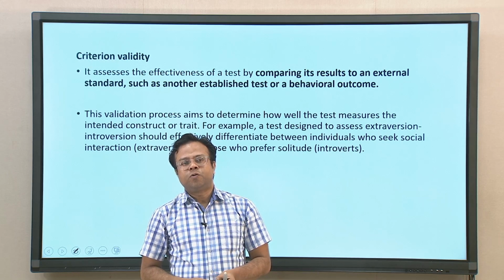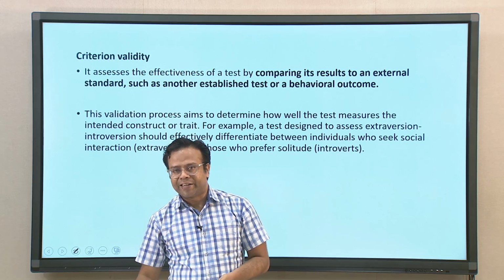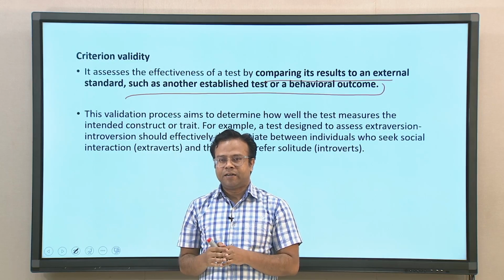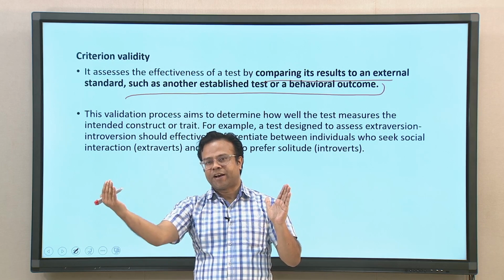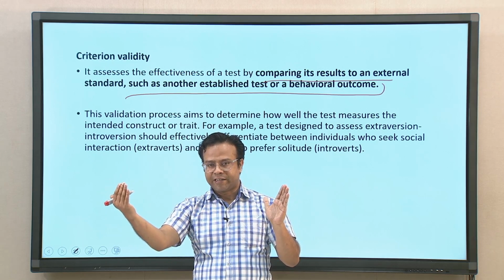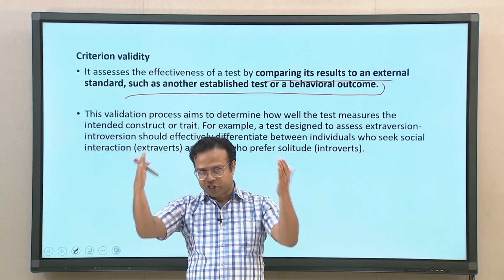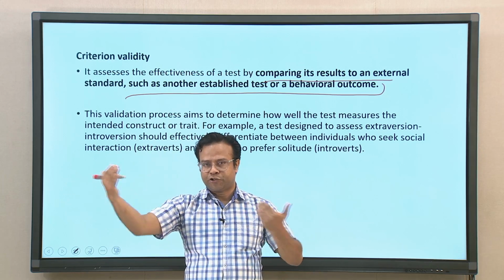The third way of establishing validity is called criterion validity. Criterion validity is basically done by comparing the result of a test to an external standard, such as another established test or behavioral outcome. So, certain external criteria are fixed, which could be some behavioral outcome expected from those concepts, and they see the relationship with that.